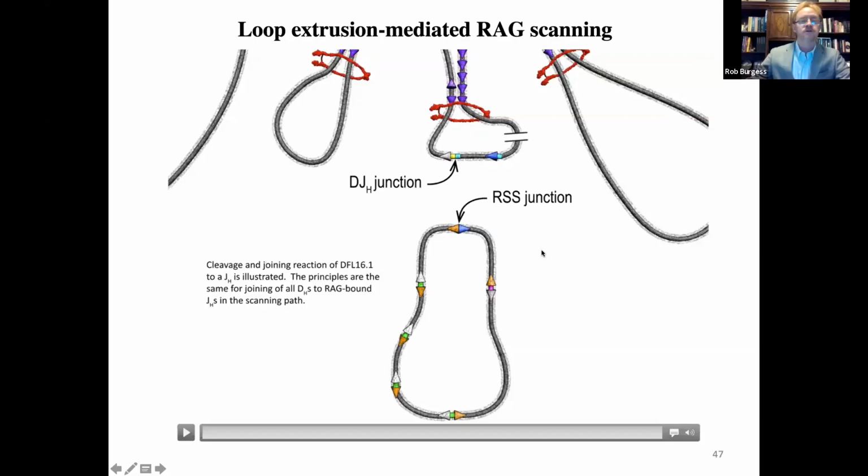And I have a question from your colleague, Xiang Qiu, says they actively collaborate with you. They're from the NIH. And the question is, do you think IGCR1 still acts as a boundary at the DJ recombined IgH allele?